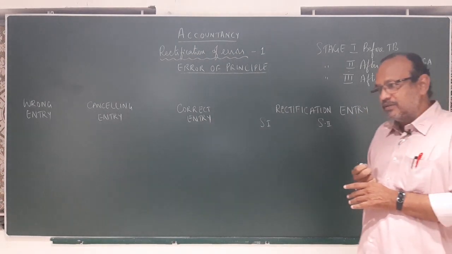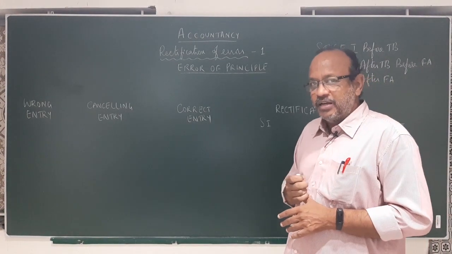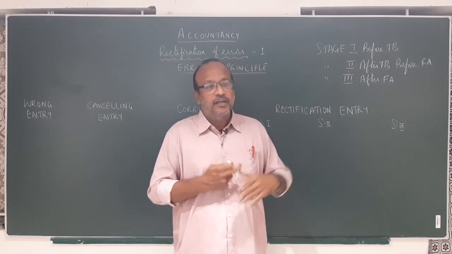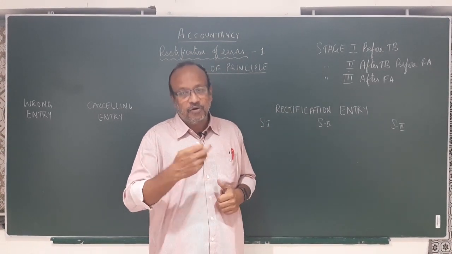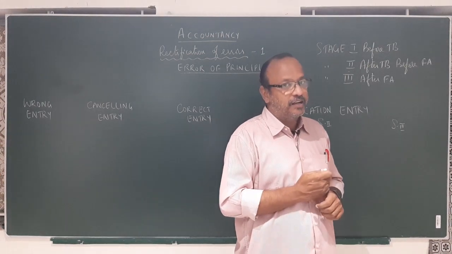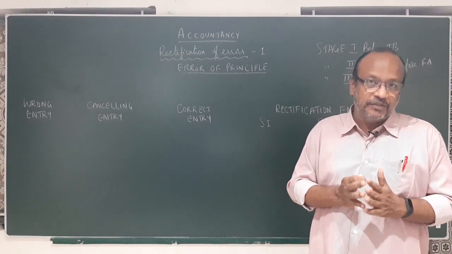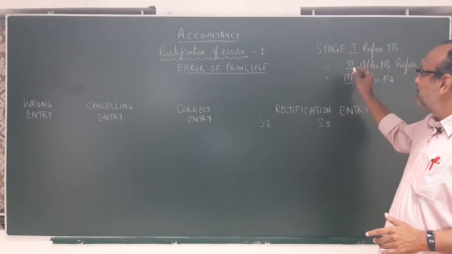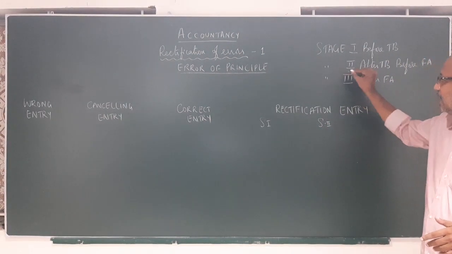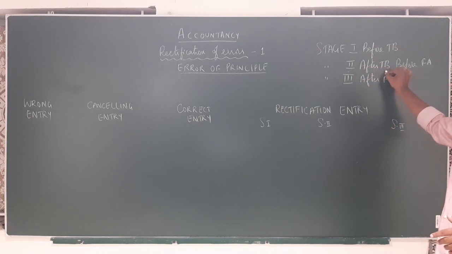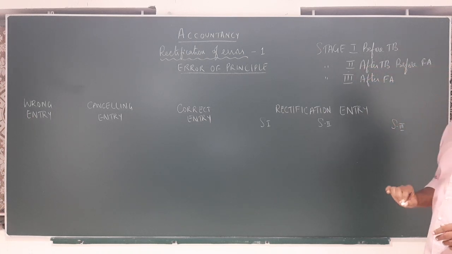Sometimes it happens that we prepare the trial balance and it is not tallying, then we start searching for the errors, and after preparation of the trial balance but before preparation of final accounts, in between that particular gap, we may locate some errors, and that is stage number two. It is after trial balance but before final accounts.